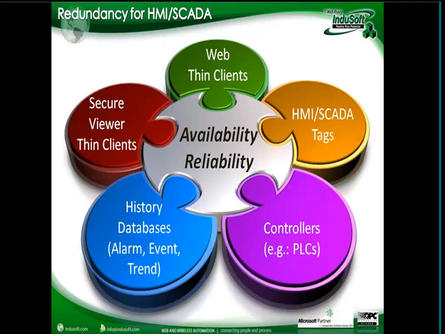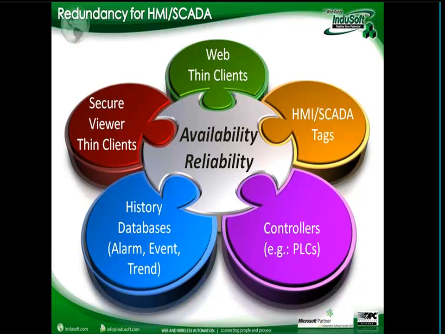So getting started here, when you talk about availability, it's all about availability and reliability for your system or critical components from your system. And it could be anything from physical networks, controllers, HMI SCADA system, thin clients, databases.